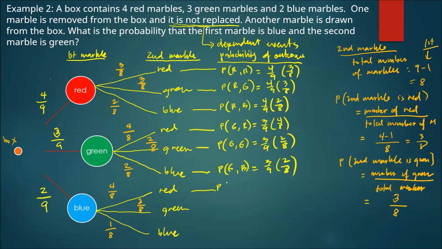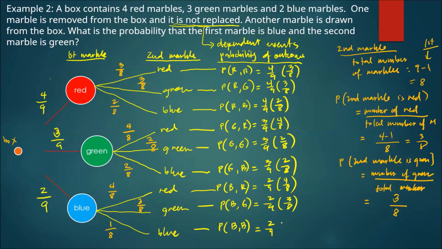And here, the probability that the first marble is blue and the second marble is red is 2 by 9 times 4 by 8. And here, probability that the first marble is blue and the second marble is green is 2 by 9 times 3 by 8. And here, the probability that the first marble is blue and the second marble is blue is 2 by 9 times 1 by 8.